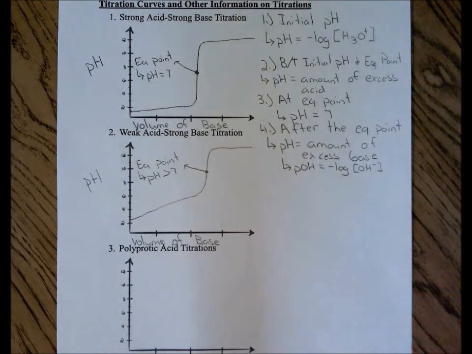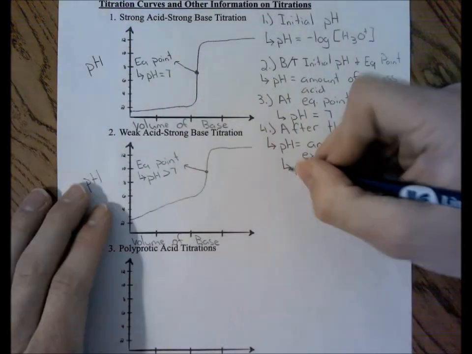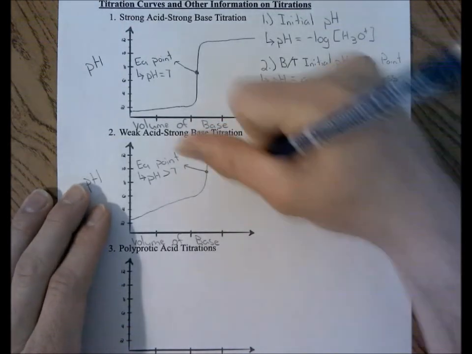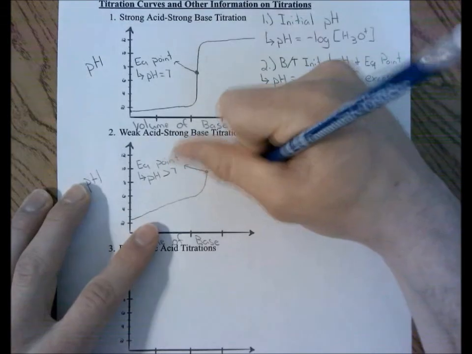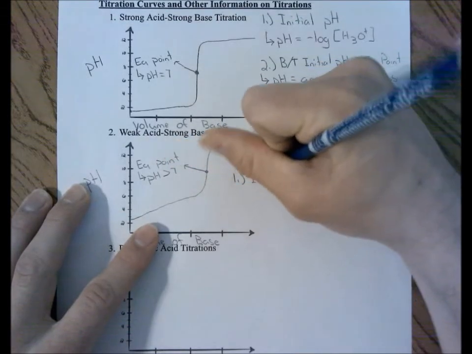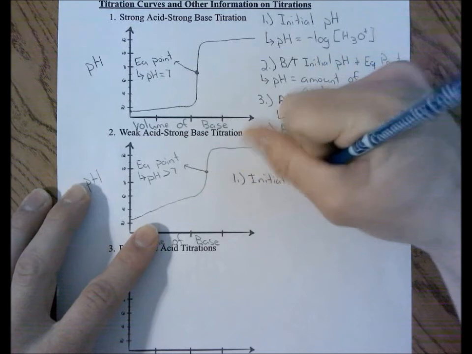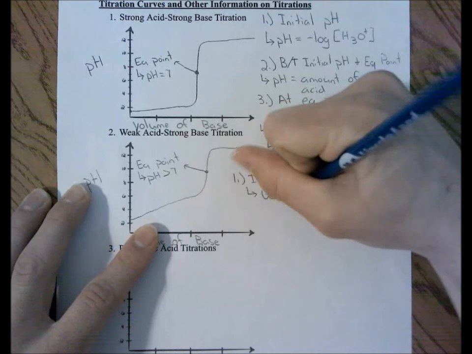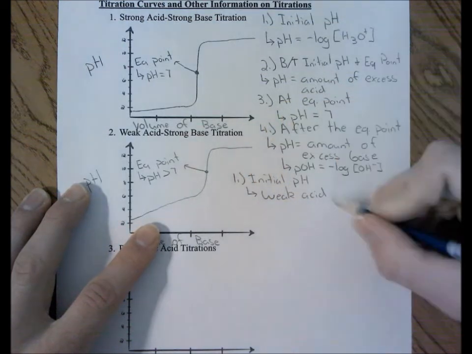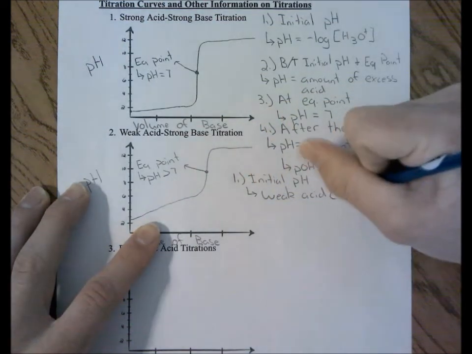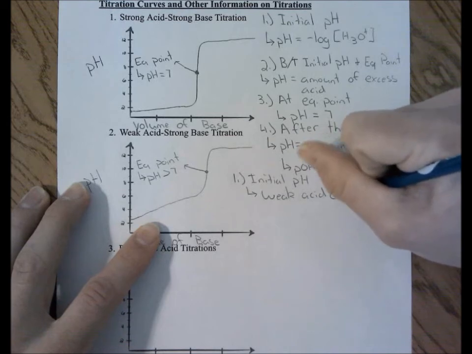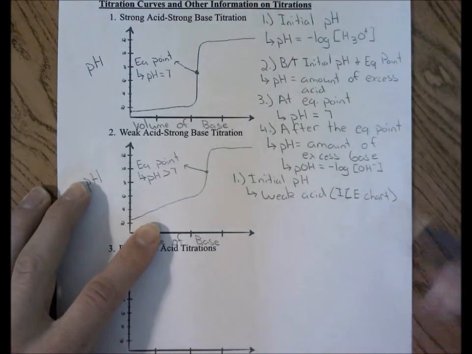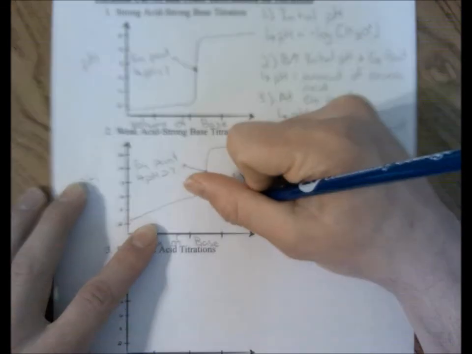Now, before we add any base, our initial pH is just equal to a weak acid problem. Unfortunately, there's no way around it: you have to use that ICE chart. It stinks because it's a lengthy type of problem, but we have to do that. Our pH is still going to be less than 7.